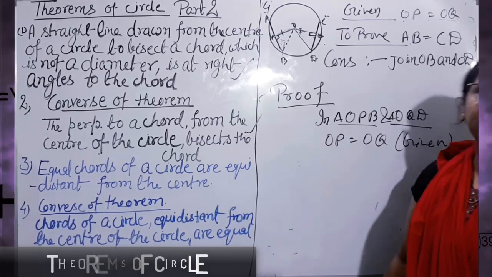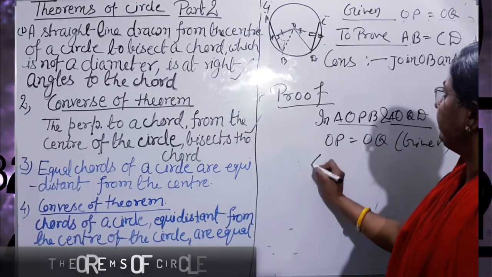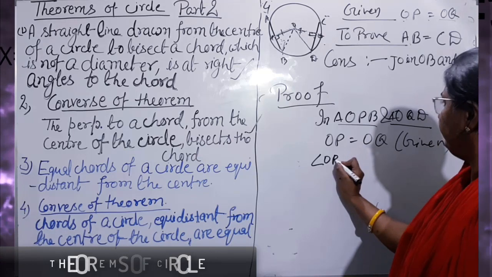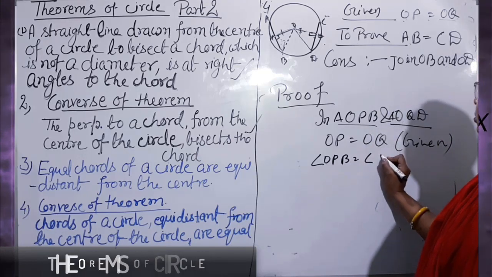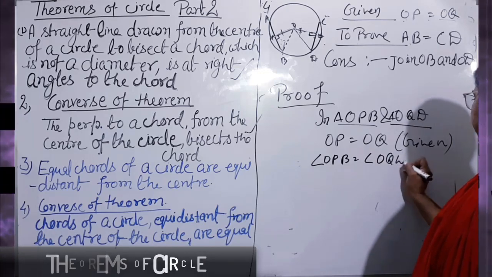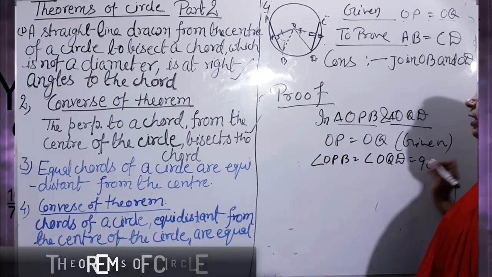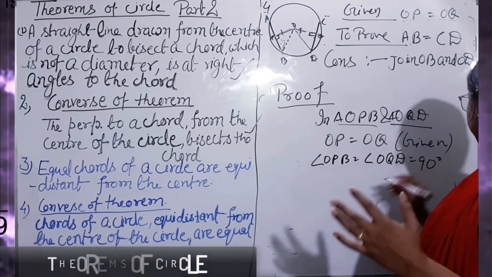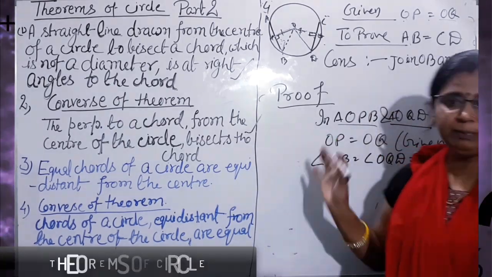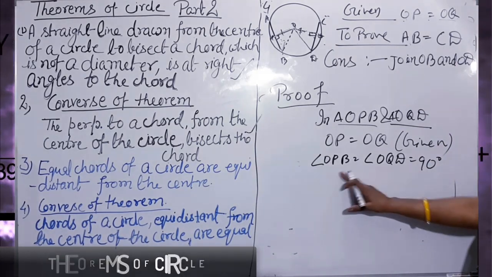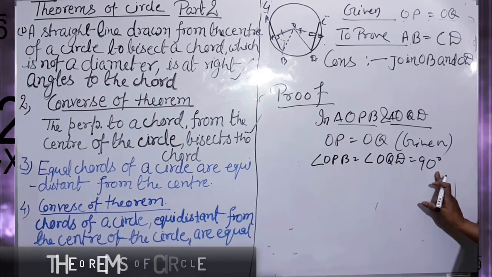So angle OPB is equal to angle OQD is equal to 90 degree. If both are equidistant, their distance is equal and they are perpendicular also, so both angles are equal to 90 degree.